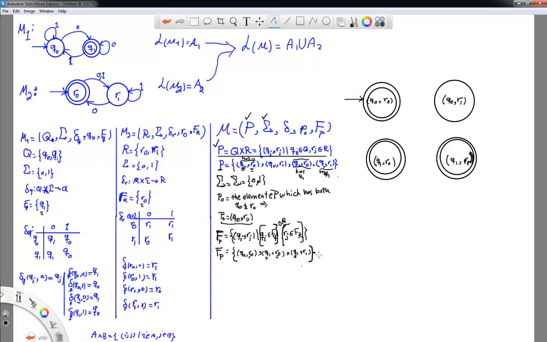Now finally, the computation. The computation is basically simulating both of the computations.